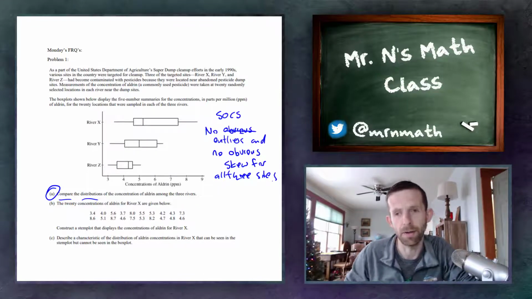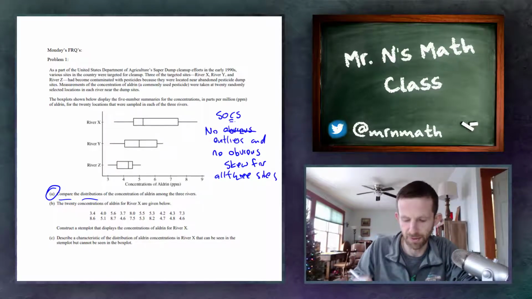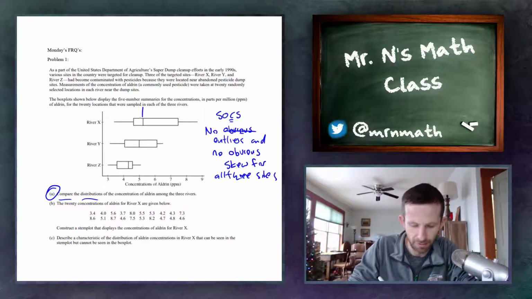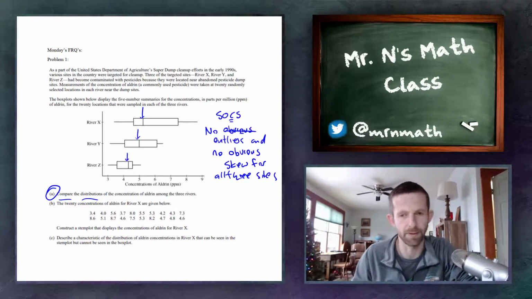Now, when we're talking about box plots, for measure of center, I'm going to talk about the median. As you can see, the median of river X is greater than the median of river Y, which is greater than the median for river Z. That's what we want to say about center.